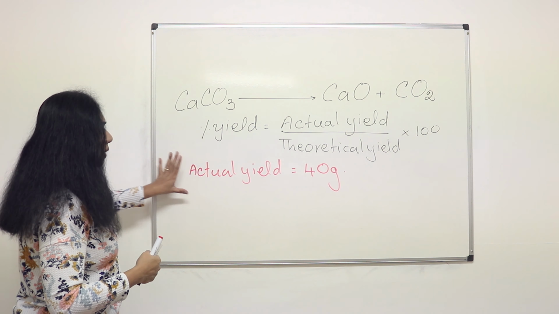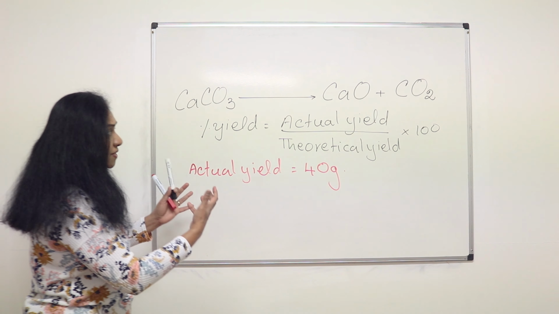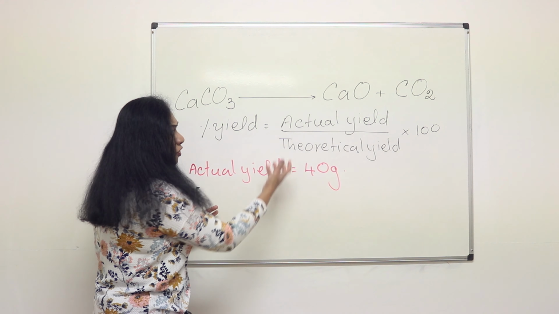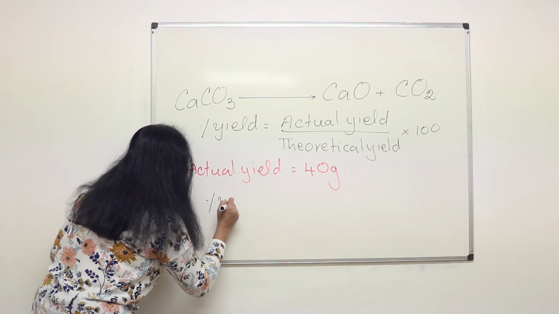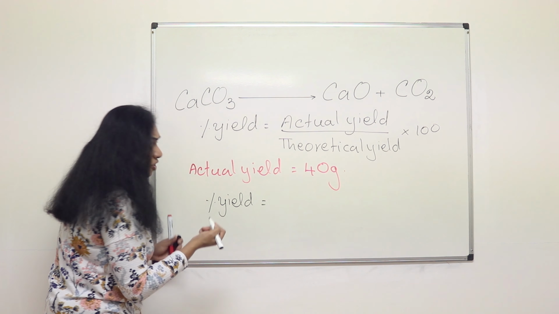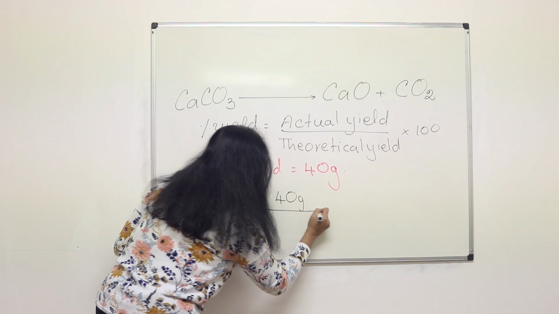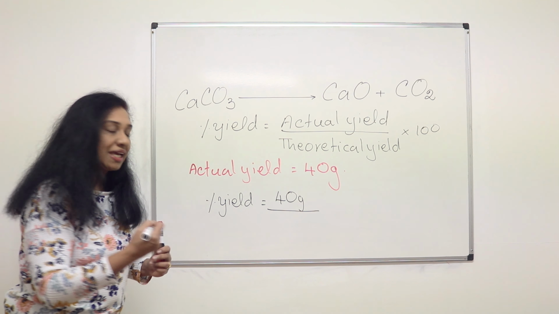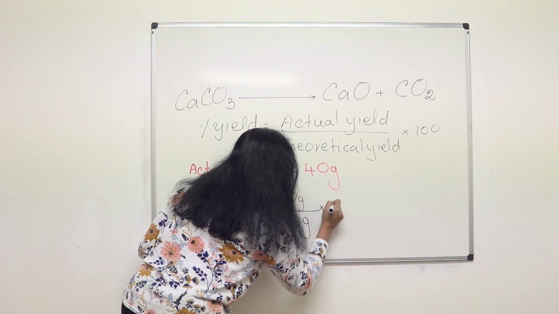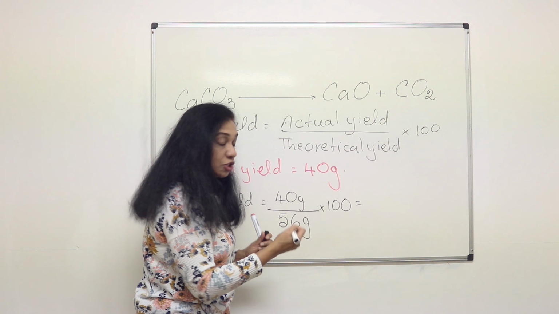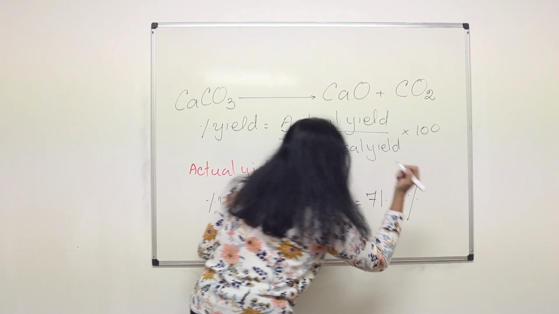We are going to calculate the percentage yield. If we substitute the values into the formula, our percentage yield is equal to the actual yield, which is 40 grams, divided by the theoretical yield we calculated as 56 grams, times 100, which is equal to 71.4 percent.